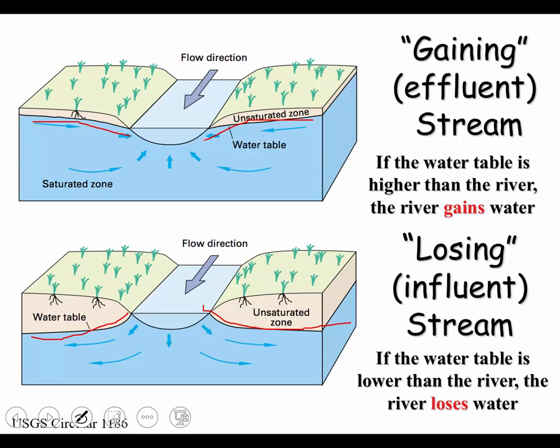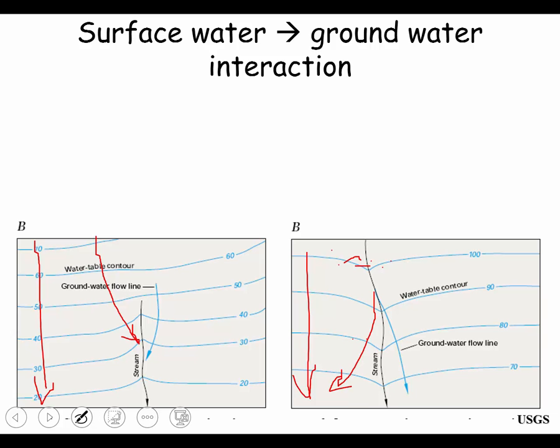If you contoured the surface here, it's going to be a hump. And the elevation could be as high as the stream. So when you contour that, here it's a hump, and here it's a trough. And so that's telling me that in this case, it's draining into the stream, and in this case, the stream is actually feeding the groundwater table.